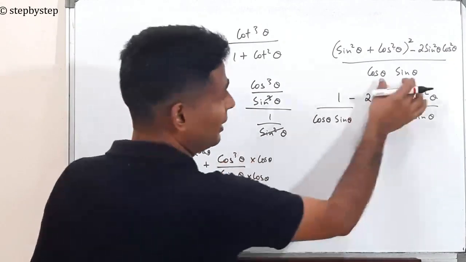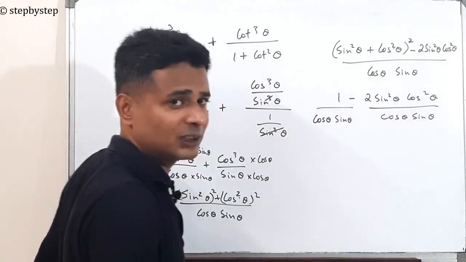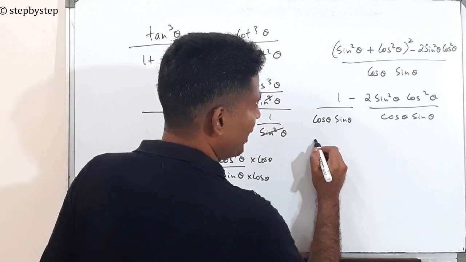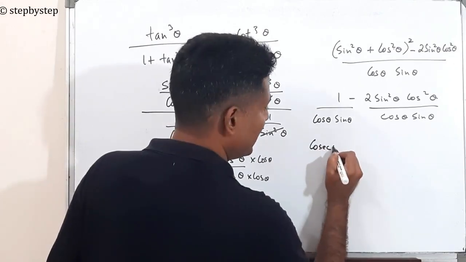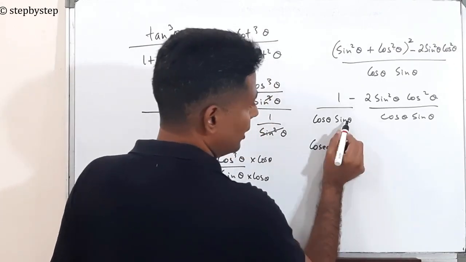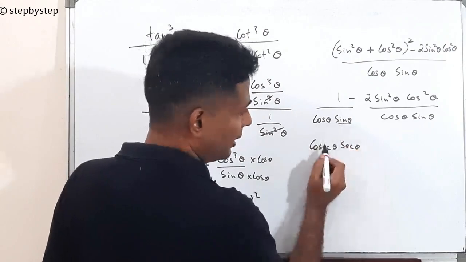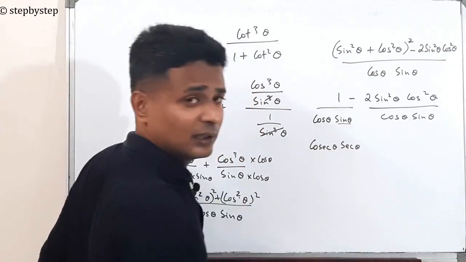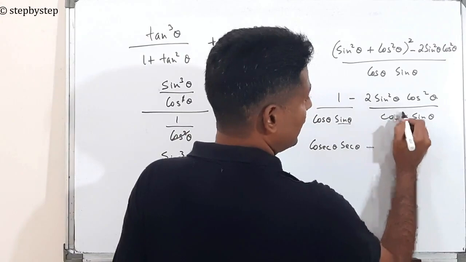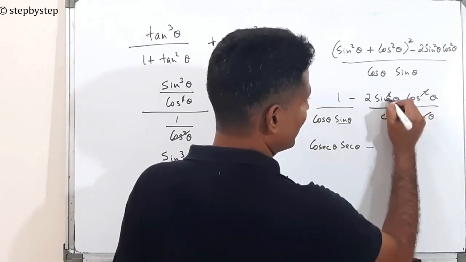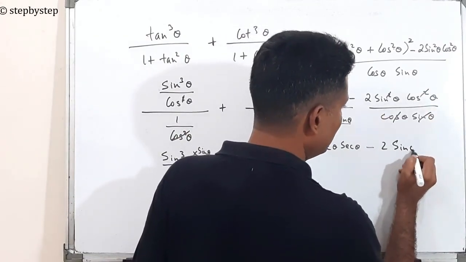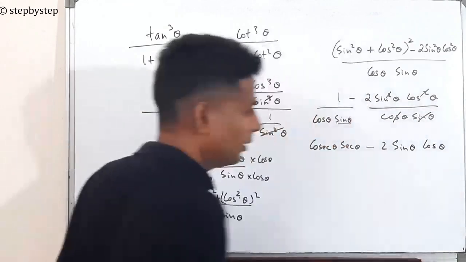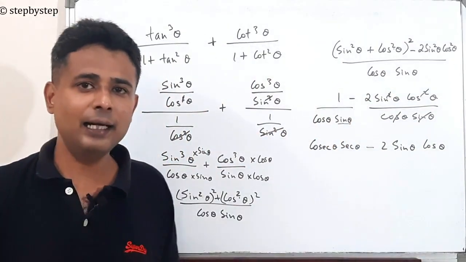Whatever is the denominator, the whole thing should be on both sides. Now when I take this up, it becomes cosec theta secant theta, reciprocal of sin is cosec theta, reciprocal of cos is secant theta, minus here 1 cos goes, 1 sin goes, minus 2 sin theta cos theta, which is equal to your right hand side.